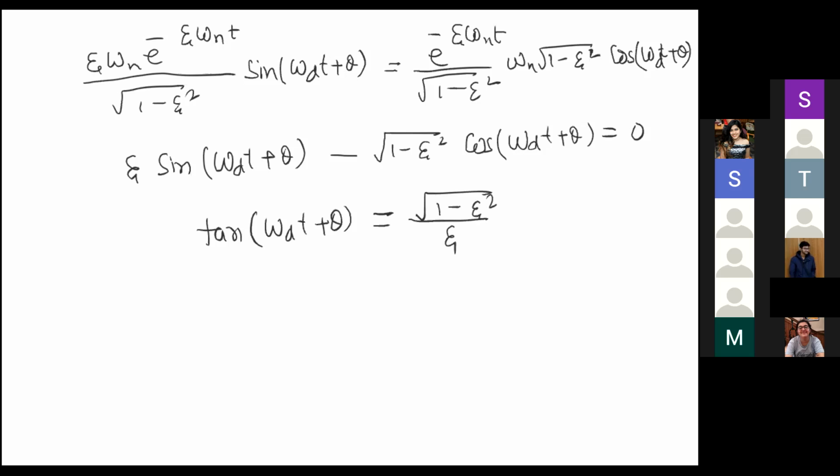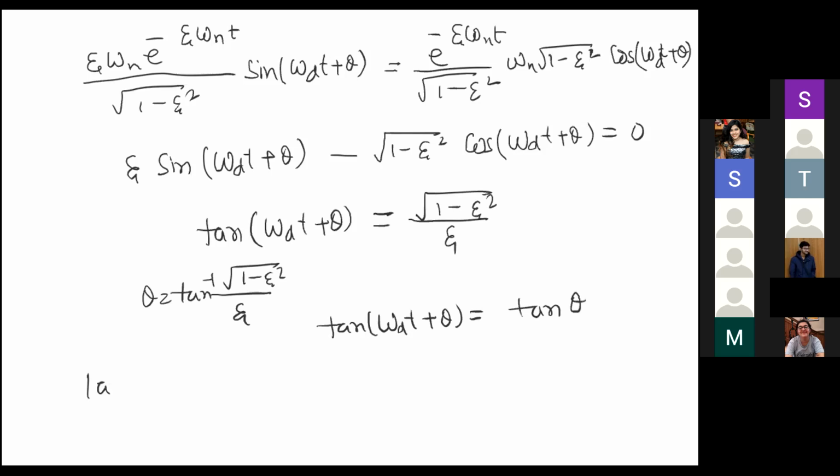And you know that theta is nothing but tan inverse under root of 1 minus zeta square by zeta. So we can write here that tan of omega d t plus theta is nothing but tan of theta. Now there is one property that tan of n pi plus theta is nothing but tan theta.